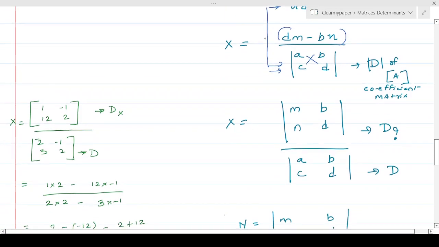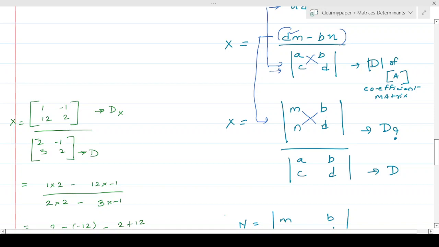I've simply written m and n and b and d, and if you cross multiply on this diagonal first, it is md or dm, and then minus, I multiply the other two elements on the other diagonal, the forward slash, bn. So this is completely valid because that's what I'm doing in the denominator. So why can't I do it in the numerator, right?